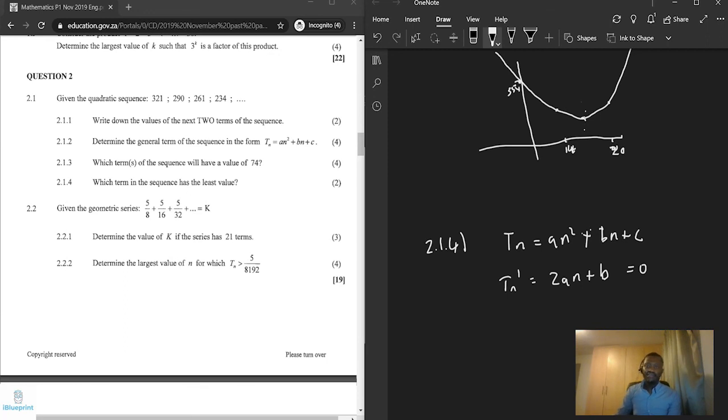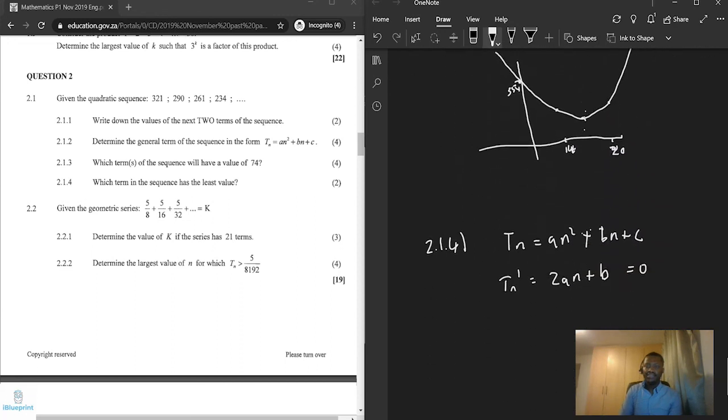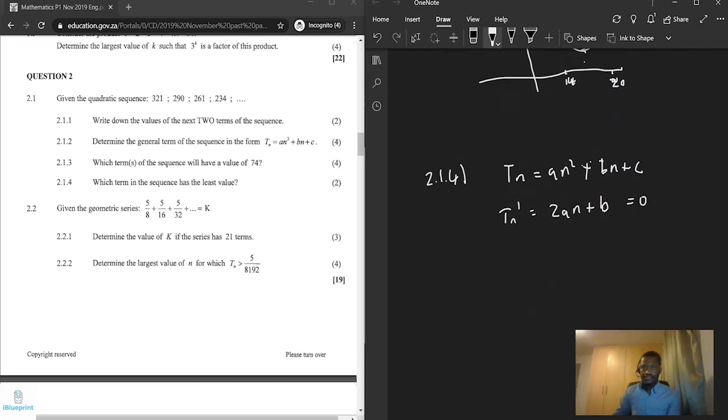We already have what a is here. We have n squared minus 34n, that's our equation, plus the constant. So the derivative is 2n minus 34 equal to 0.